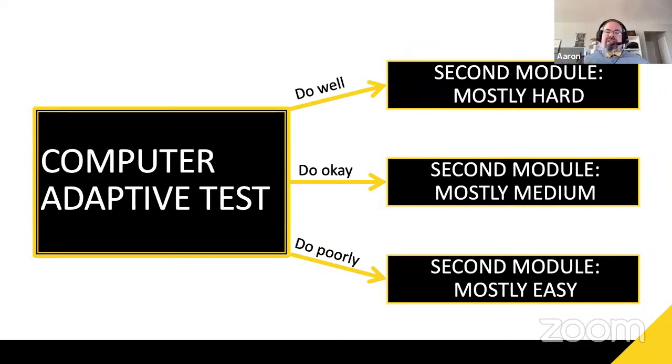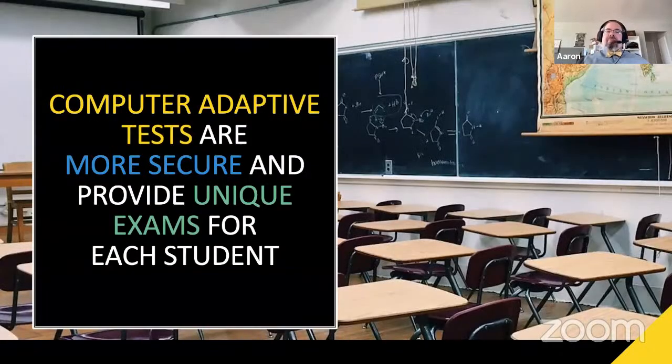Now, in addition to the test being shorter as a computer adaptive test, another big benefit is that it's going to be a more secure test and be more unique for each student. Security, many of you might know, has been an issue for the SAT in the past.